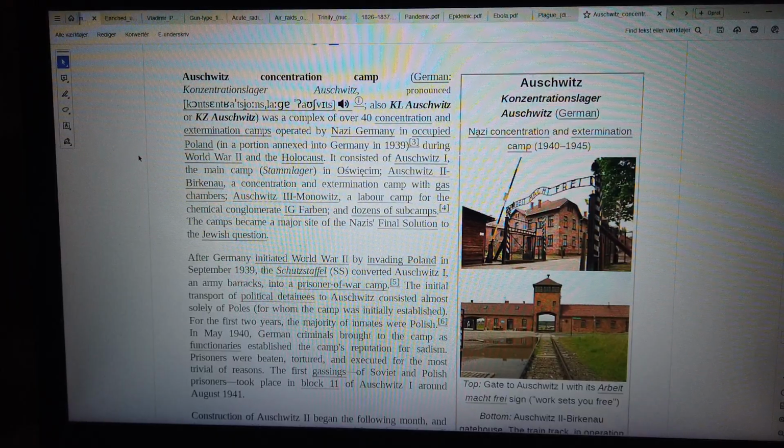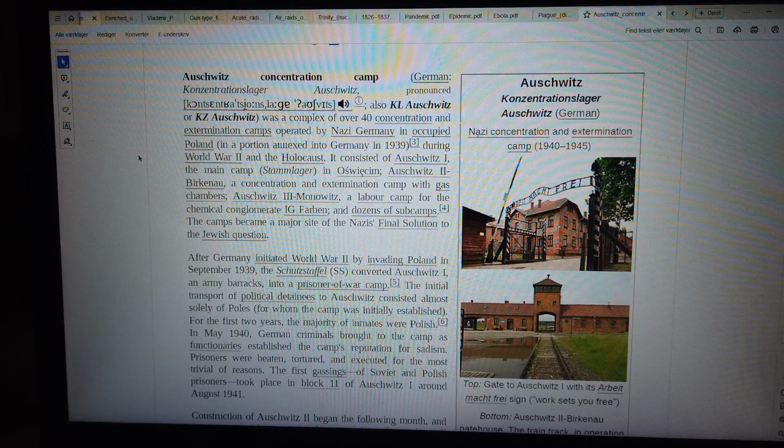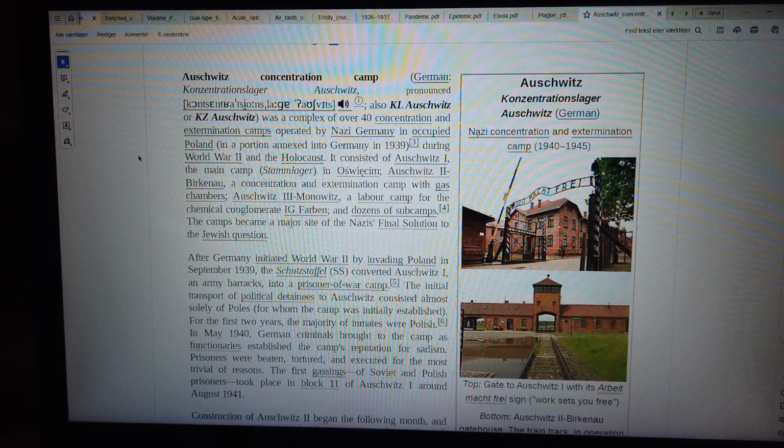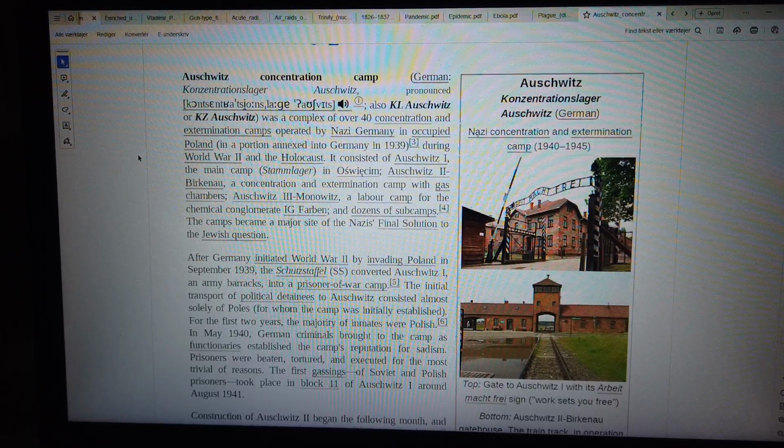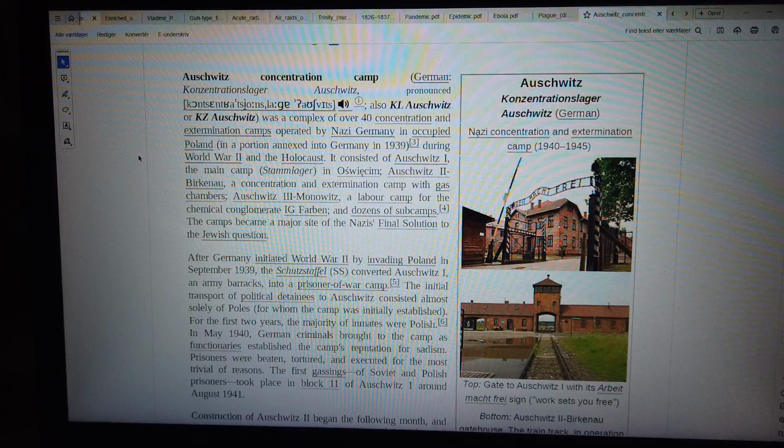It consisted of Auschwitz I, the main camp; Auschwitz II-Birkenau, a concentration and extermination camp with gas chambers; Auschwitz III-Monowitz, a labor camp for the chemical conglomerate IG Farben; and dozens of sub-camps. The camps became a major site of the Nazis' Final Solution to the Jewish question.